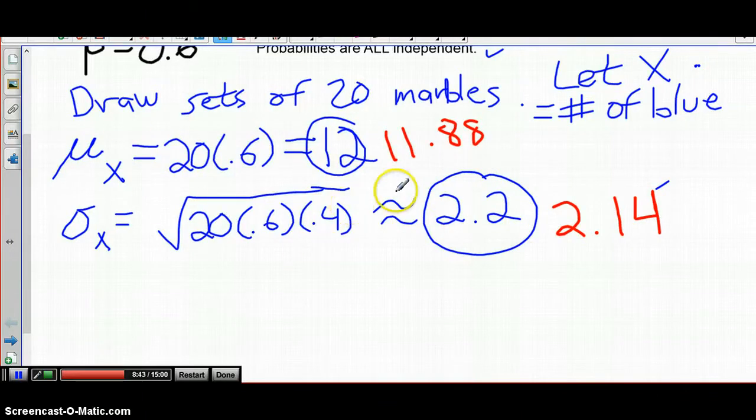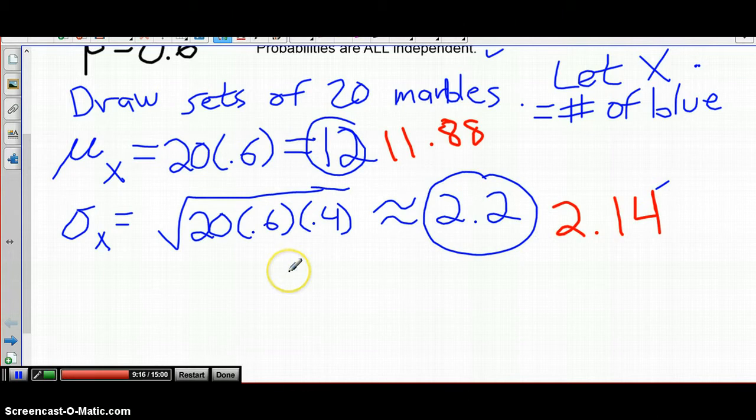These formulas predict that if we did this experiment this many times, we should expect to get 11.88. This shouldn't be too much of a surprise, because 12 is about 60% of 20. And the standard deviation of 2.2 means that if we repeat this experiment over and over again, we expect to get about 2.2 as a standard deviation. And if we take the standard deviation of our entire sample, we get 2.14.